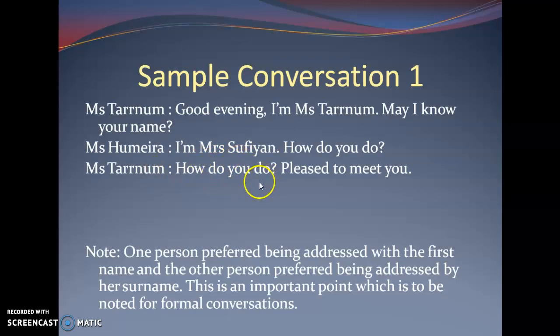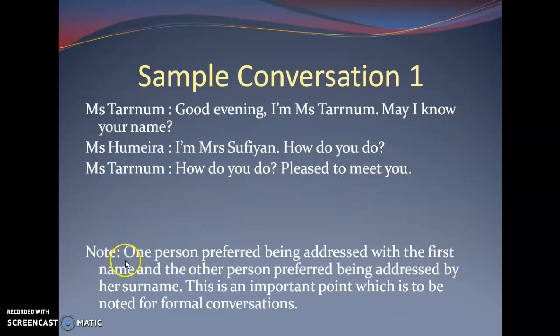And how do you do? I have taught this in your previous set of lessons. It's in Old English. It is used only when you are introduced to someone for the first time. It is never used interchangeably with how are you. The response to this is again, how do you do? You can see that how do you do responded with how do you do and pleased to meet you.